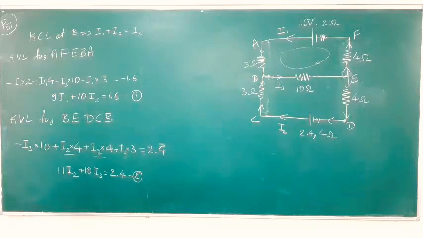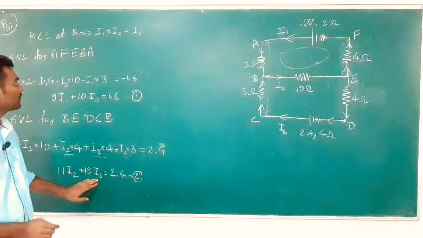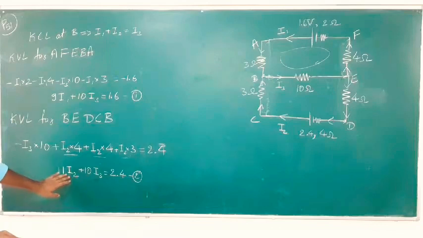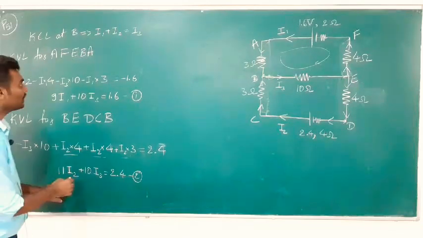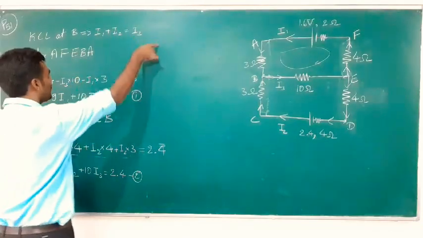Again, what I need is I3, right? So in order to get I3, I'll remove I2 from this. How to remove I2? I'll replace I2 by I3 minus I1.